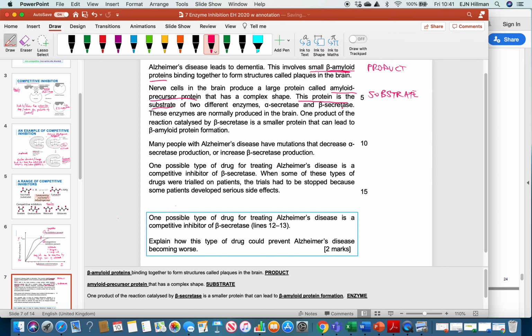Okay, so we've not identified the enzyme just yet, but if we read on, these enzymes are normally produced in the brain. One product of the reaction catalyzed by the beta secretase is a smaller protein that can lead to beta amyloid formation. Okay, so we said earlier on that that beta amyloid protein was going to be our product in this case. So the beta secretase then must be the enzyme.